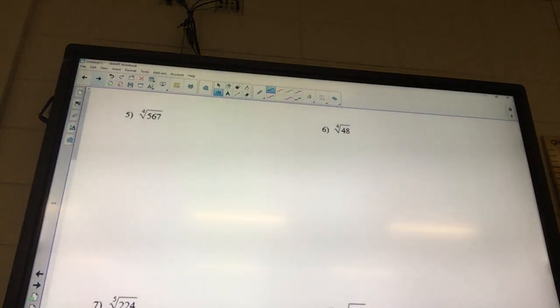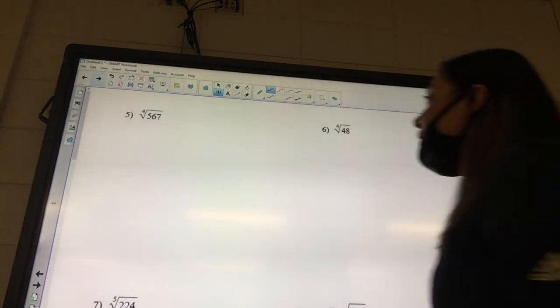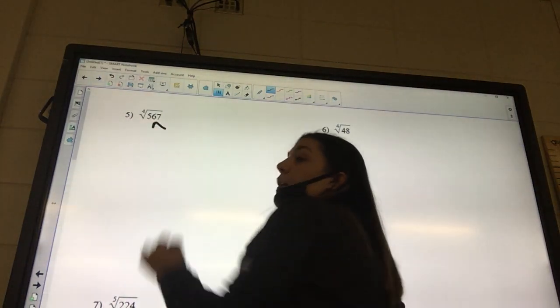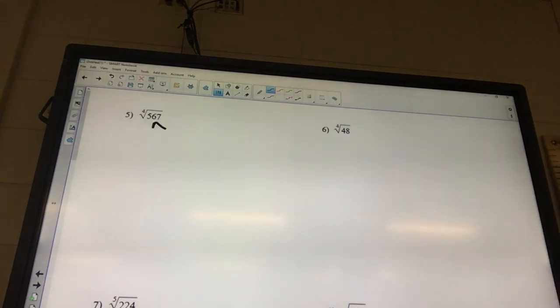So, if you were to do the tree, we say 567 and try it by 2. So, Jackson, you know how to do the tree or no? Not really. Okay, so we do the tree, it goes like this.